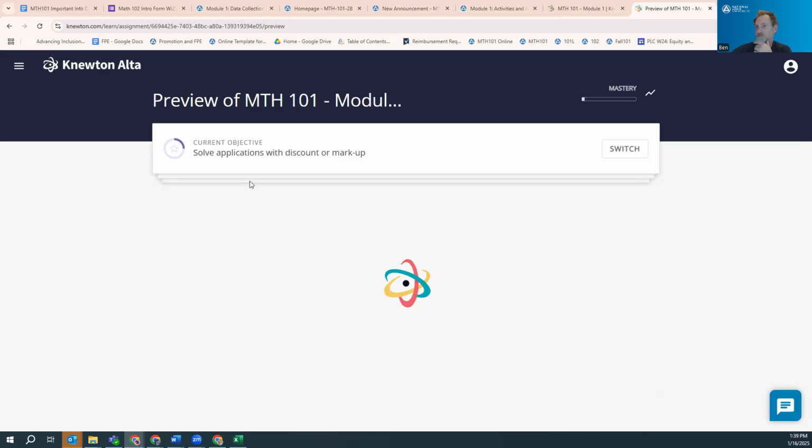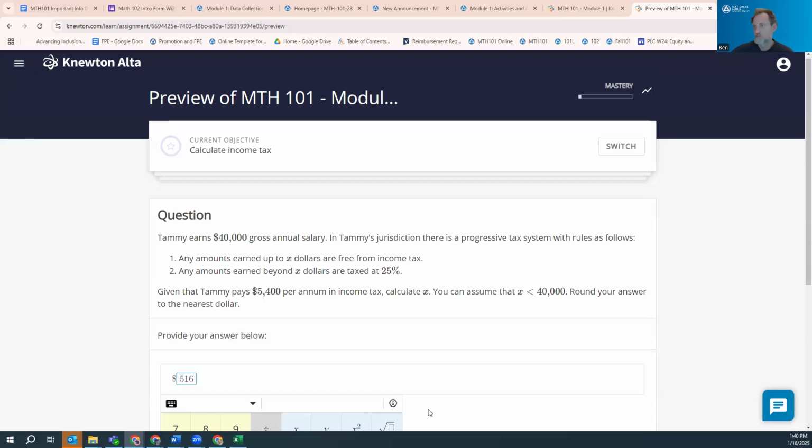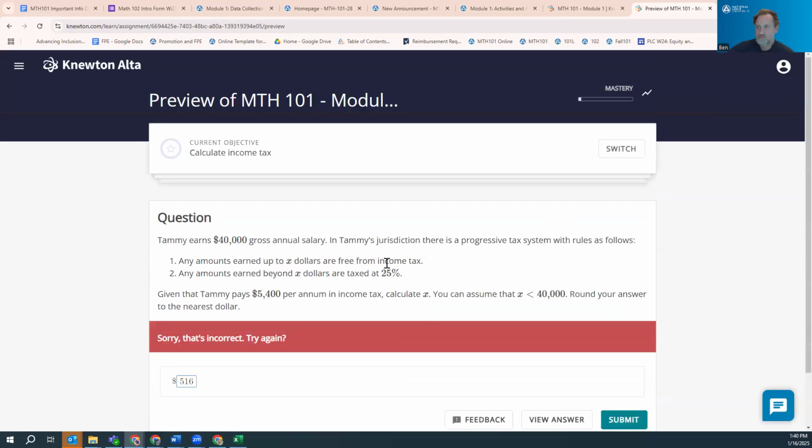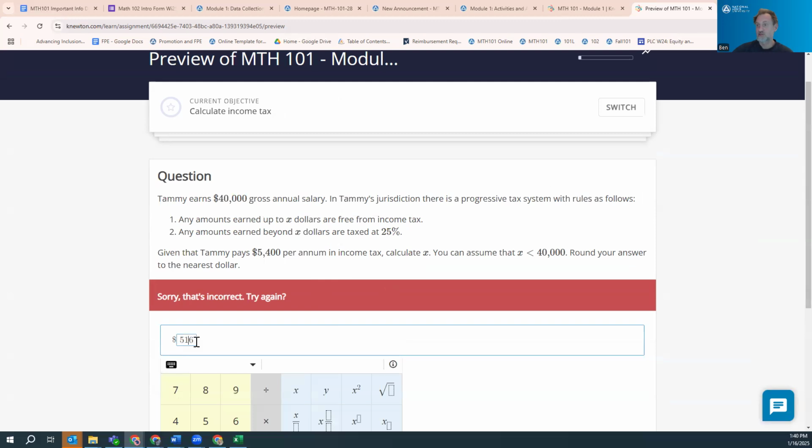If I get it wrong, and this is what I was kind of hoping for, since these progressive tax questions tend to be a little challenging, it'll tell me it's wrong. Just putting in any number here. And I get another chance. If I get it wrong again, then it will give me an explanation about how to do it.